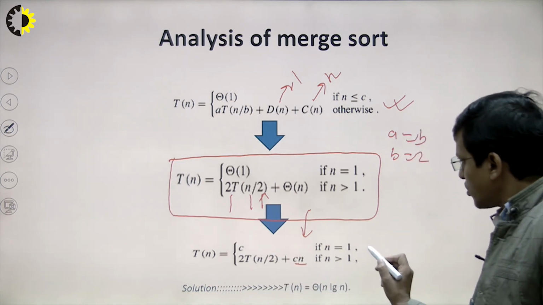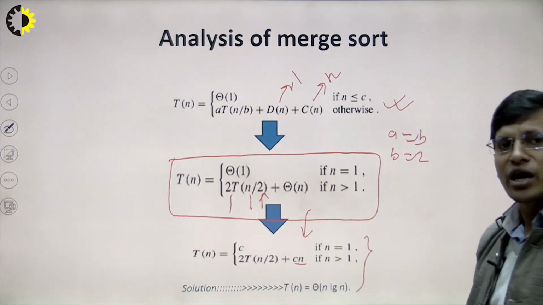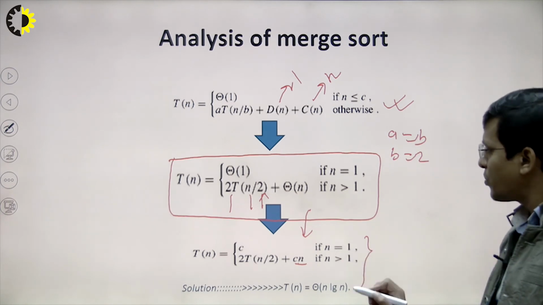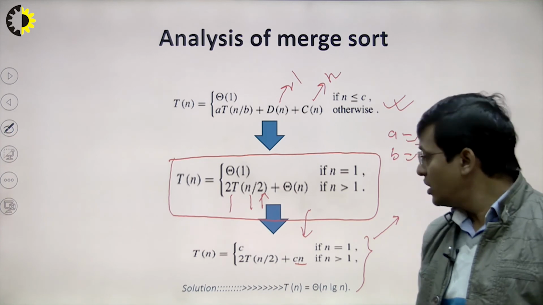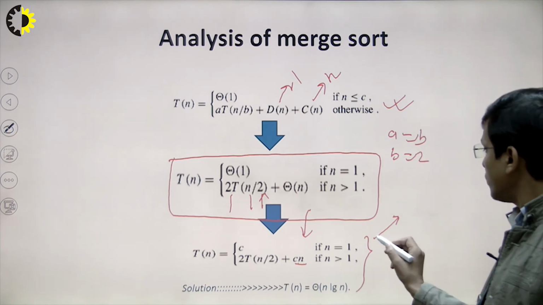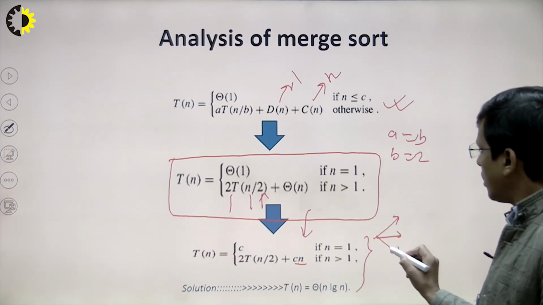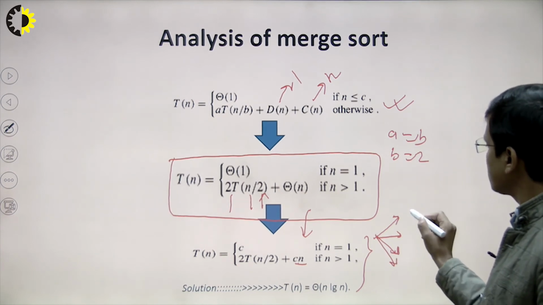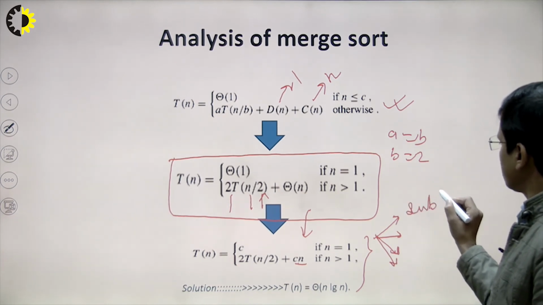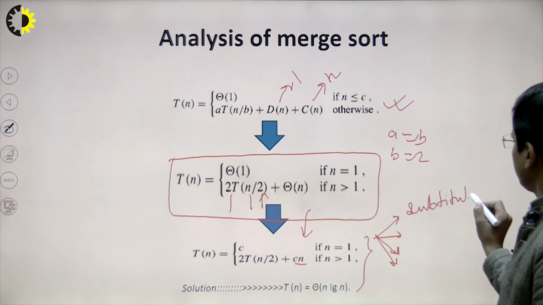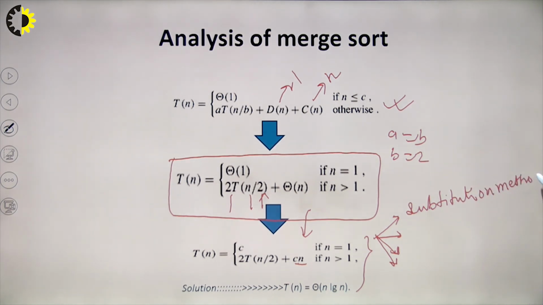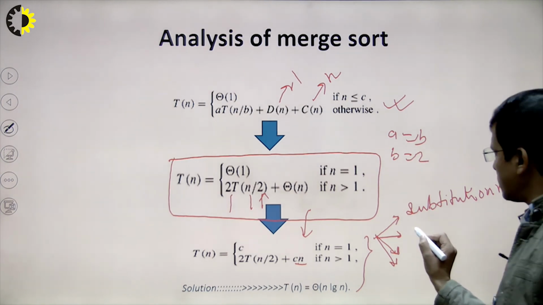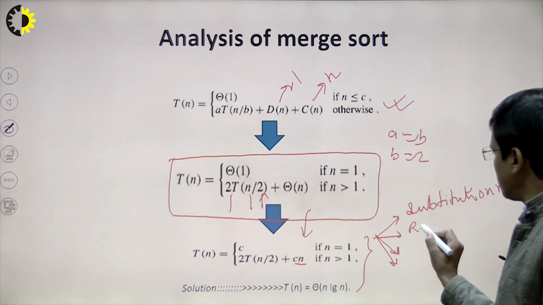Whenever you are trying to solve this problem, we have different types of methods to solve it, right? For any recurrence relation, we have to solve the recurrence function. So we have various methods. The first method is the substitution method. The second is the recursion tree method.